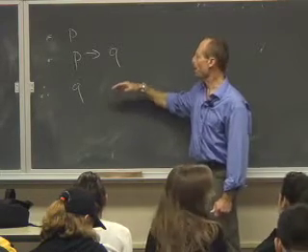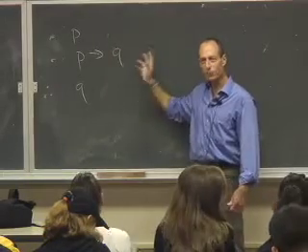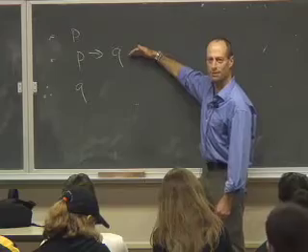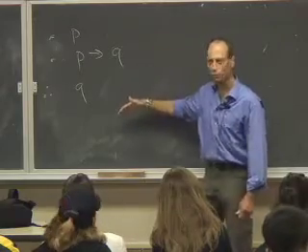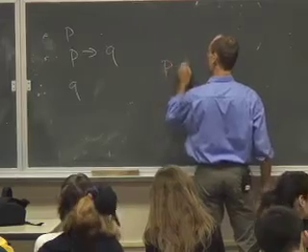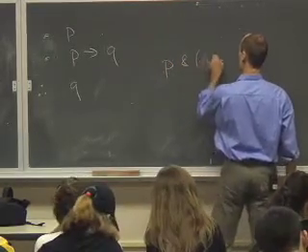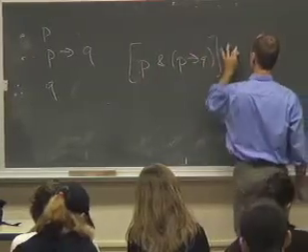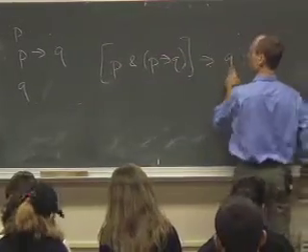Another way of checking whether the argument is valid is whether the conjunction of the premises implies the conclusion. So if we have P and P implies Q, does this in fact imply Q?